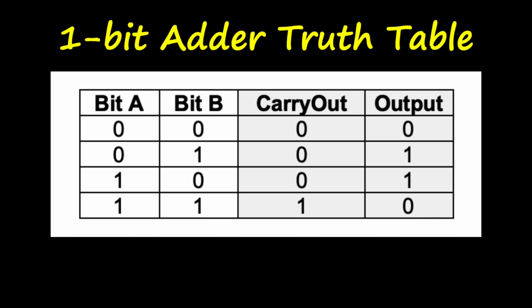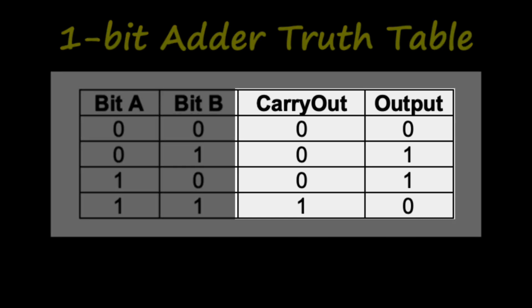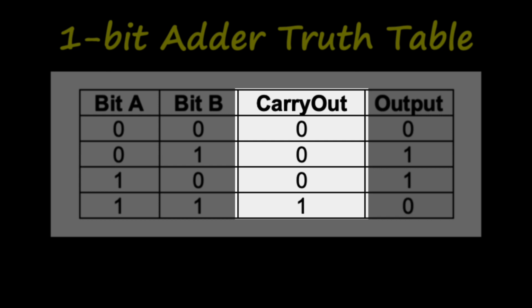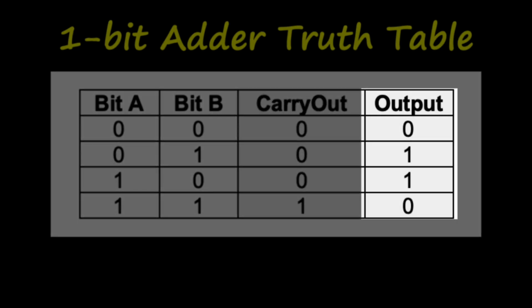Note that this table is no longer Boolean, instead it's binary. Even though the table is binary, we can treat the values in a way similar to Boolean by considering 0 to be false and 1 to be true. Another interesting aspect of this table is that it has two outputs, one labeled carryout and the other labeled output.